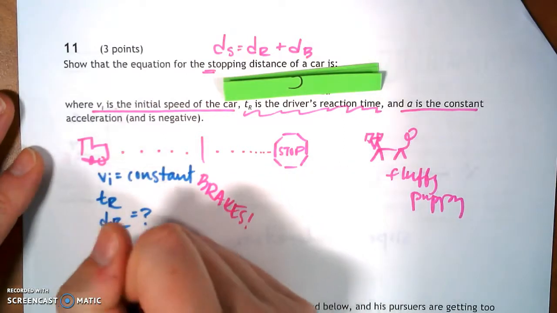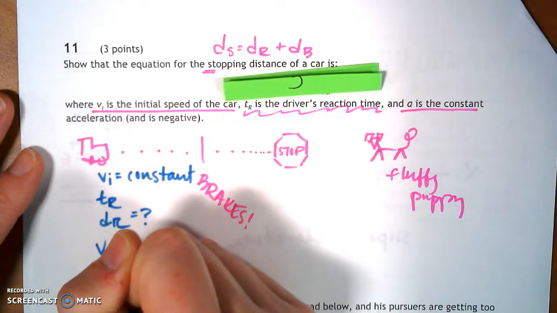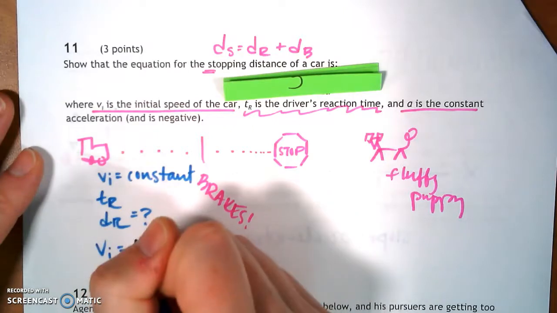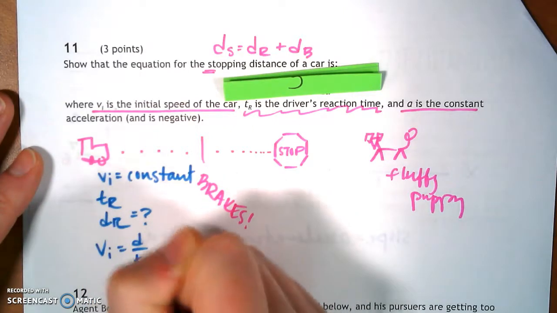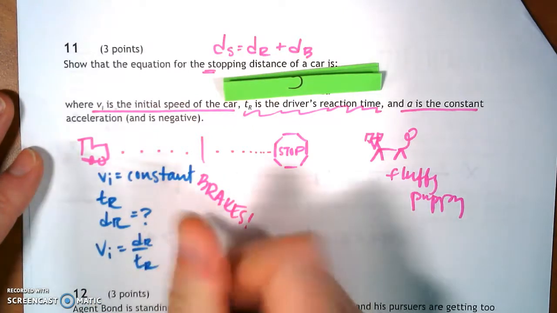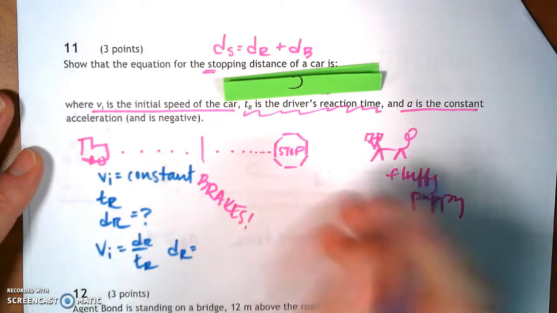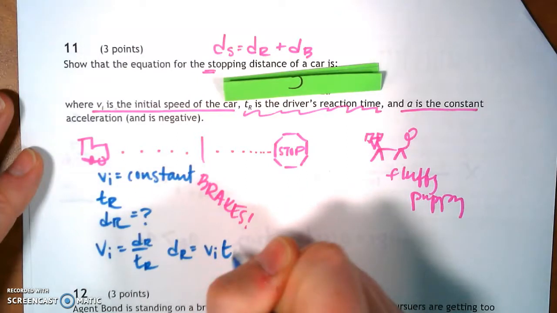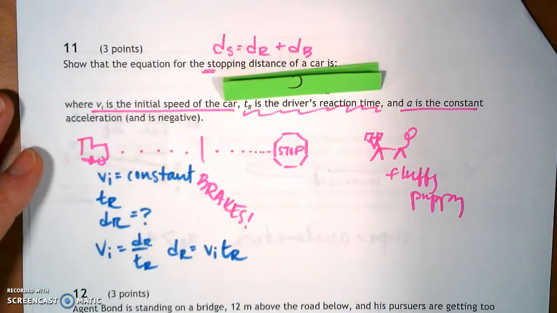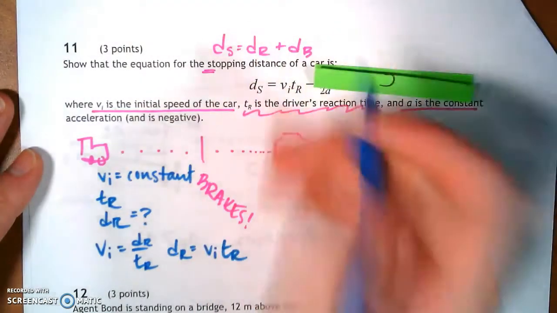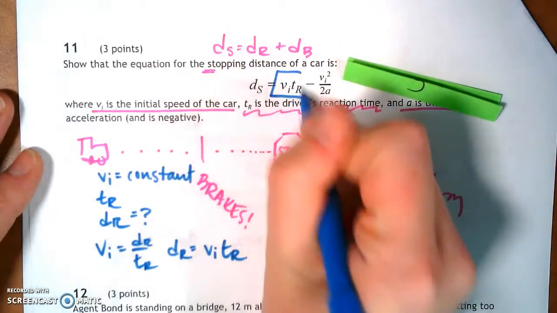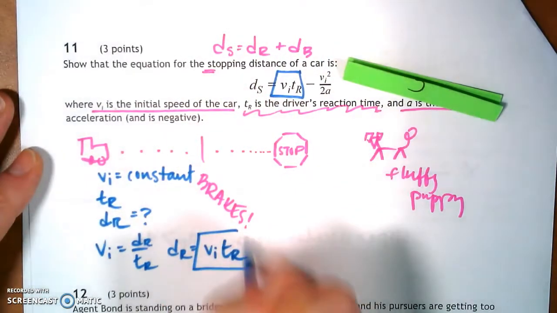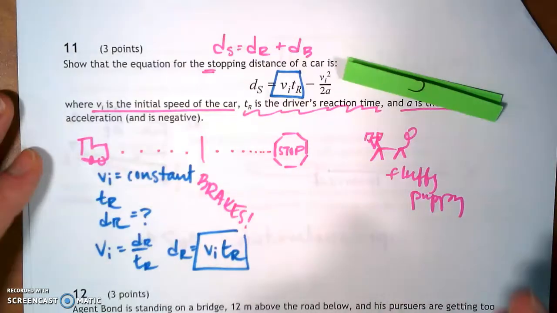Well, this is easy. I could even use my middle school equation for distance over time. And if I solve this for the distance traveled while they're reacting, it's my initial velocity times my reaction time. And you'll notice that's what's right here, the first term in the equation that we're given.